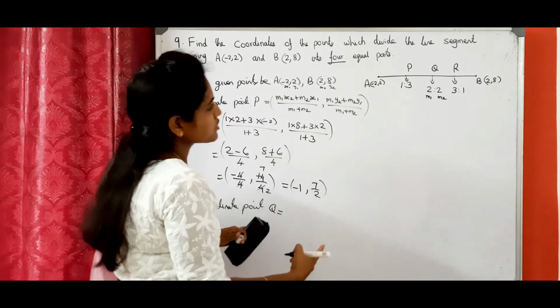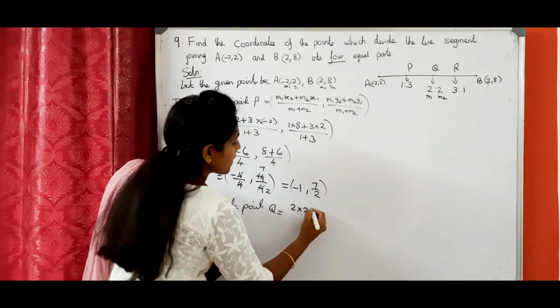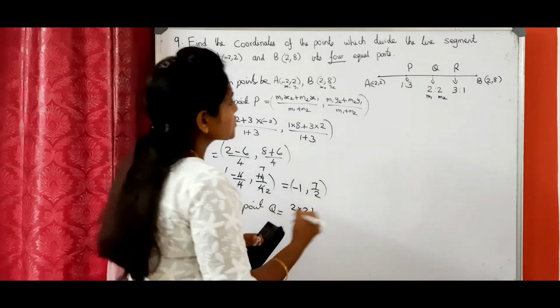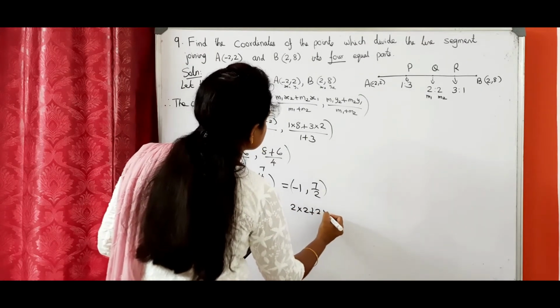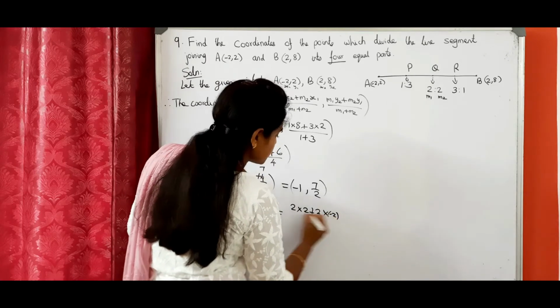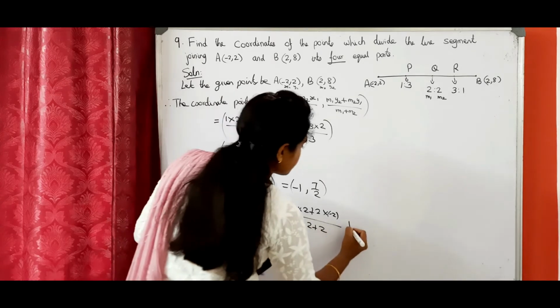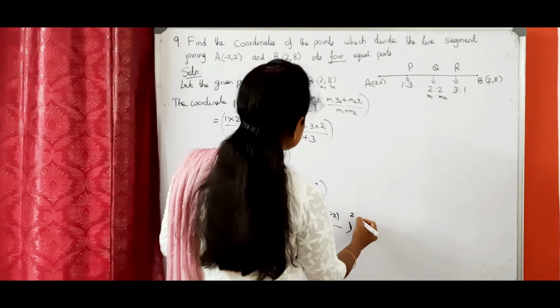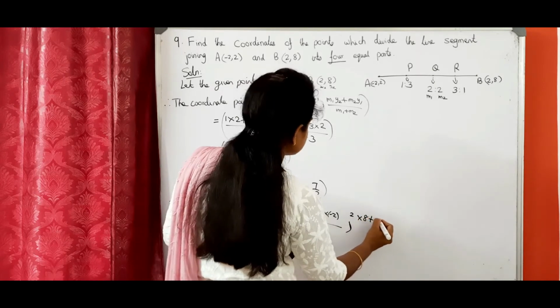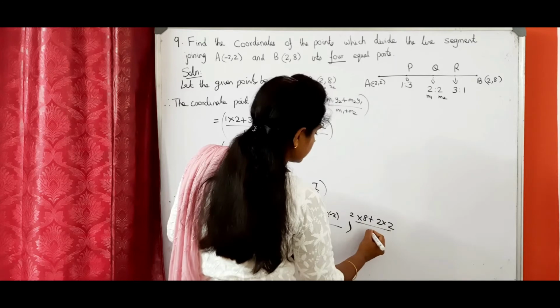m1 2 into x2 2, plus m2 which is also 2, so 2 into x1 equal to minus 2, divided by 2 plus 2, comma, 2 into 8 plus 2 into 2, divided by 2 plus 2.